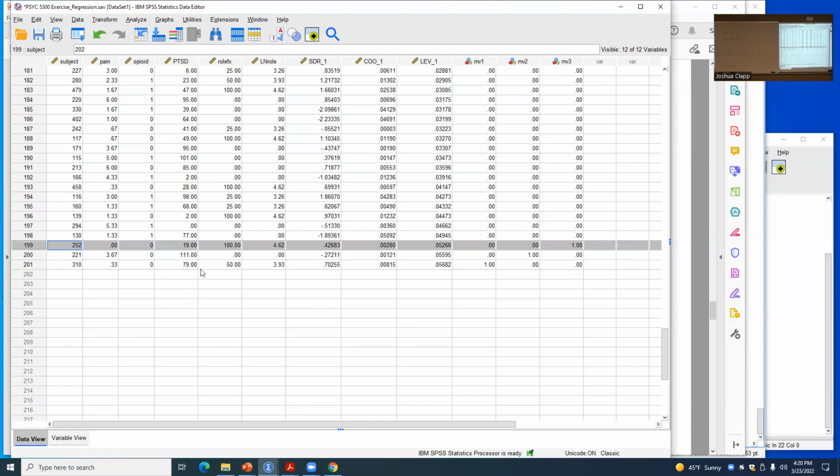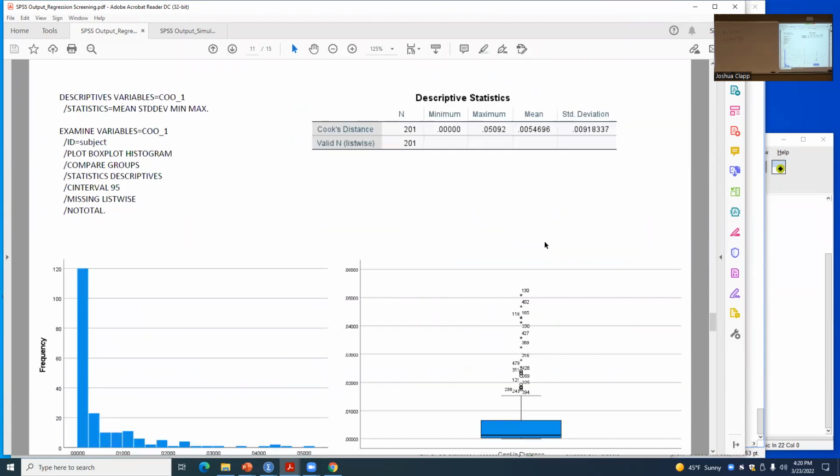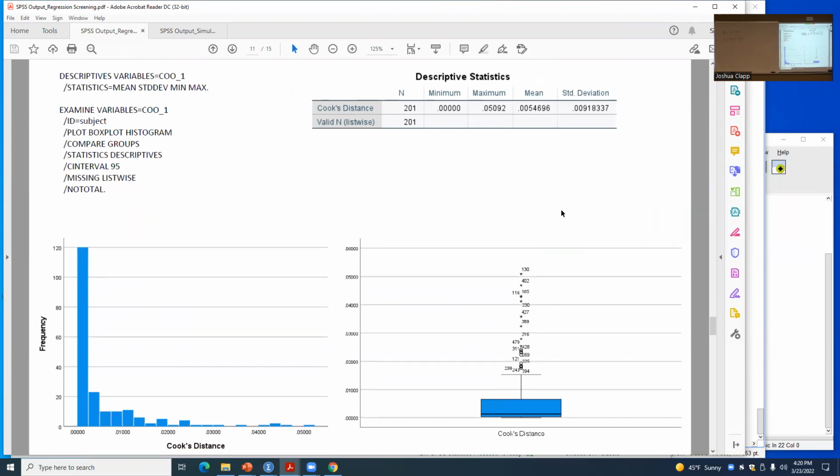Cool. So we've gone through, identified our leverages, accounted for these leverages. Going to move on to our influence values, right? Here we're going to take a look at our Cook's D. Same thing for Cook's D. We're going to create histograms, box plots, and descriptives.